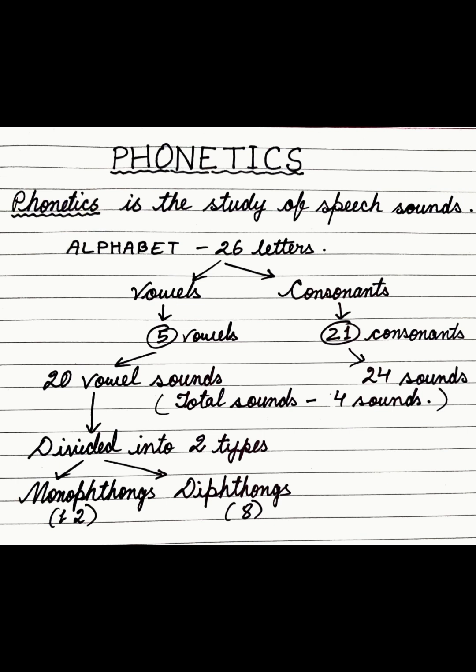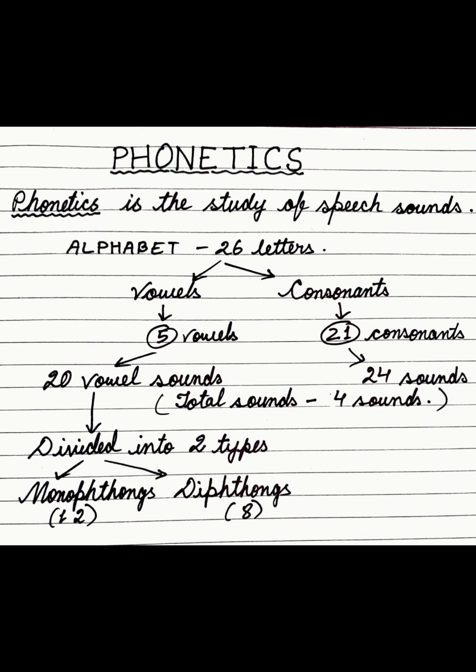Now, these 20 vowel sounds are divided into how many types? 2 types. They are monophthongs and diphthongs. So, let's understand the first term, monophthongs. This word may look difficult, but its meaning is easy.